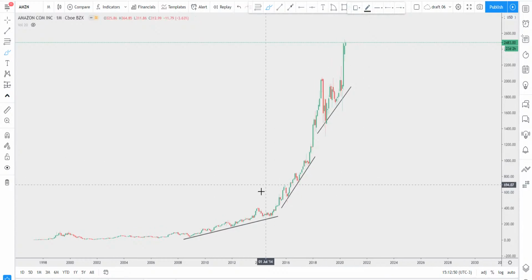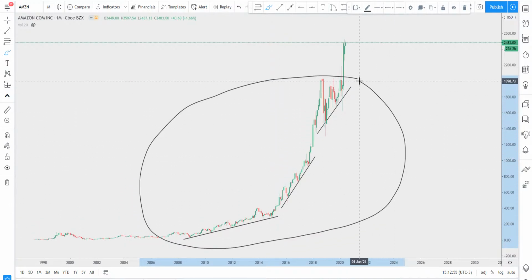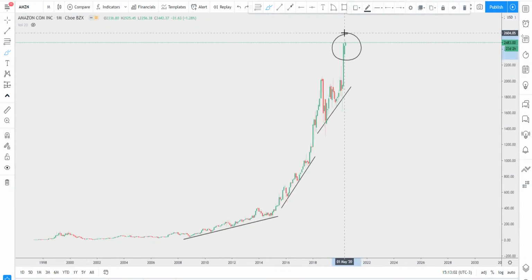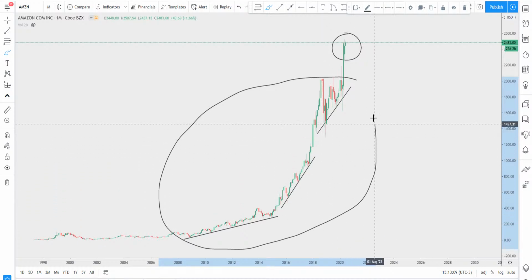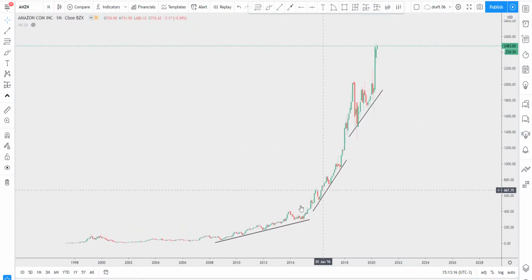What I'm trying to show you here is actually not here, but I want you to have these levels in mind, because I'm going to show you something in the smaller time frame that you are going to remember and acknowledge what is happening. This is the anatomy of a parabolic move. That's what I'm going to show you when we go down into the 4 hours chart.